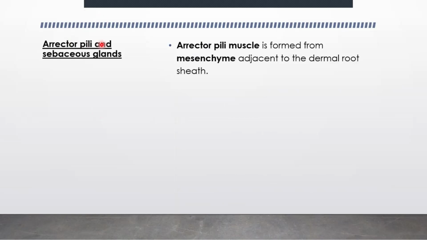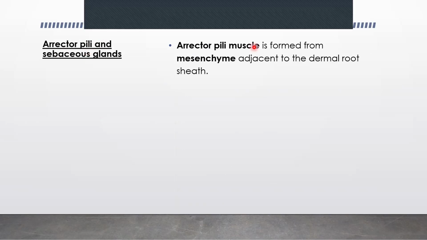We'll have an interesting muscle known as the erector pili muscle, which is a smooth muscle. It will contain the characteristics of a smooth muscle: spindle-shaped cells, it won't be striated, and it is involuntary in nature. The erector pili muscle is formed from mesenchyme adjacent to the dermal root sheath.